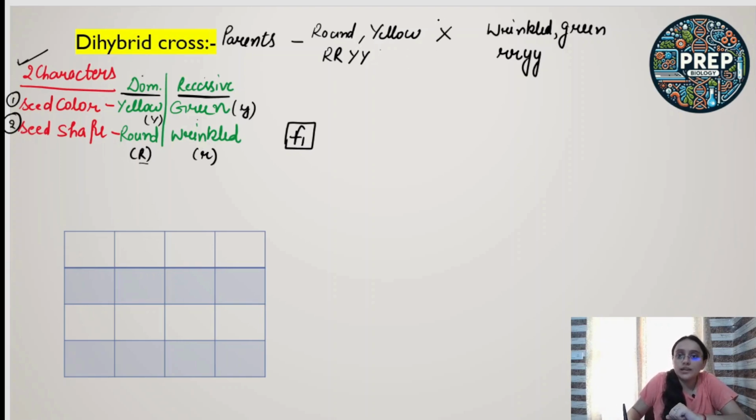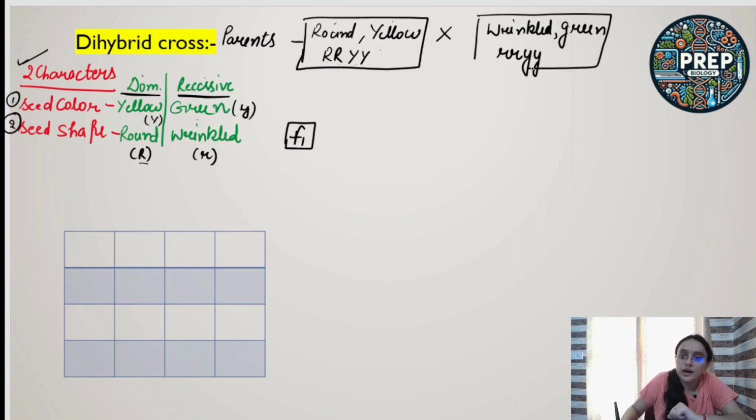When we cross one parent with dominant characters, that is round seed and yellow color, because these are dominant, capital R, capital R, capital Y, capital Y, with the other parent which is fully recessive, that is wrinkled and green, small r, small r, small y, small y.